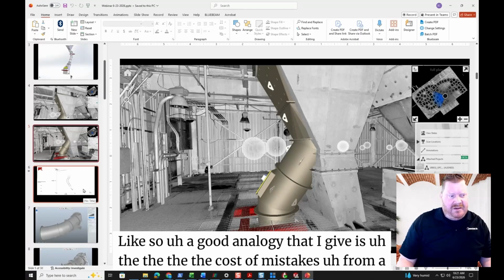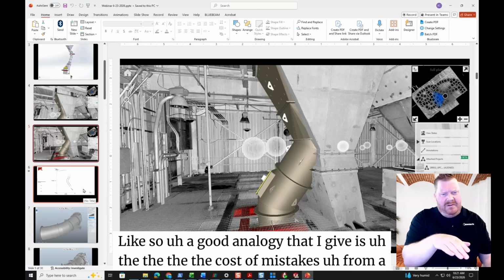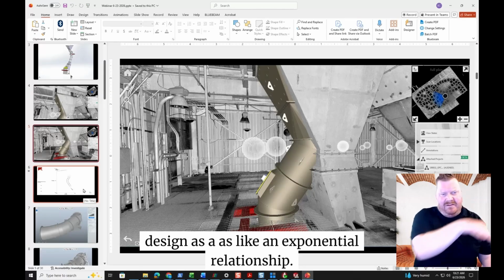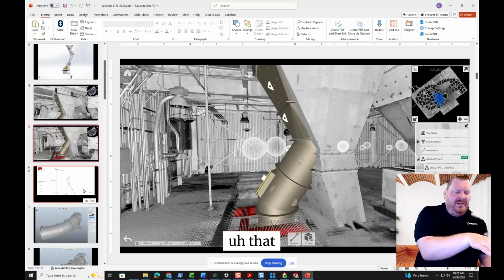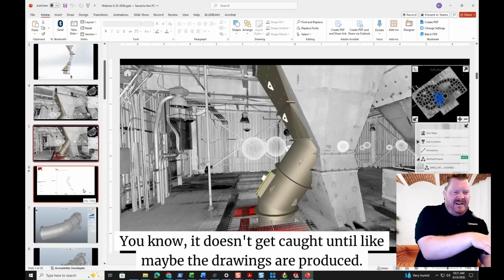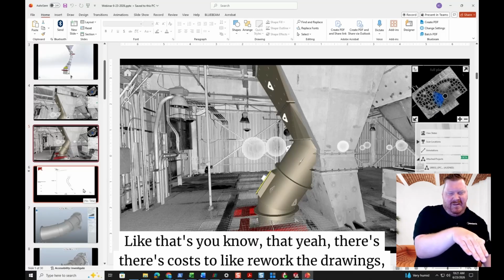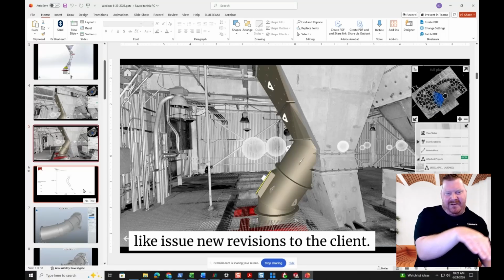A good analogy that I give is that the cost of mistakes from a design is an exponential relationship. If you make a mistake at the very beginning of a project and it doesn't get caught until maybe the drawings are produced, there are costs to rework the drawings and issue new revisions to the client.